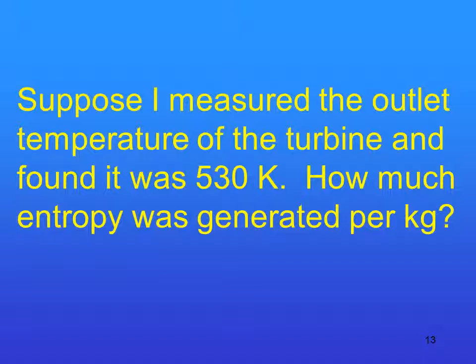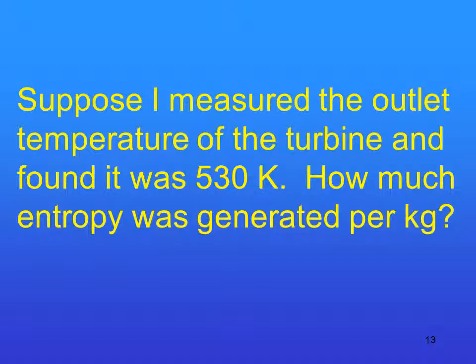Maybe there was friction with the side of the turbine, friction in the rotor, friction of the gas as it hit the blades, any kind of friction, and that was turned into thermal energy, which wound up going back into the gas. So instead of taking all the energy out as work, some of the energy went into heat, which went into the gas itself. So it didn't drop as far as 487. It only dropped in temperature down to 530.